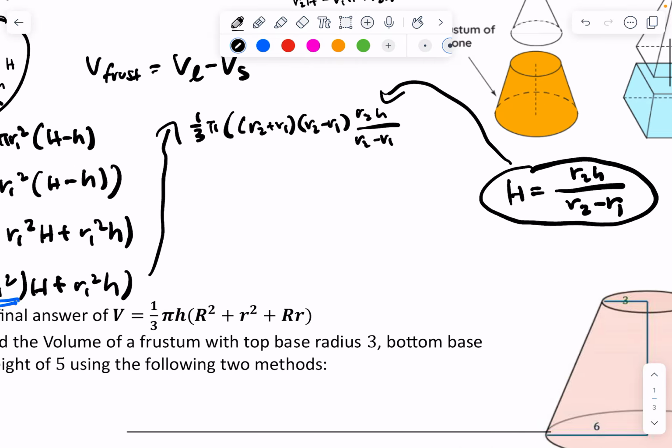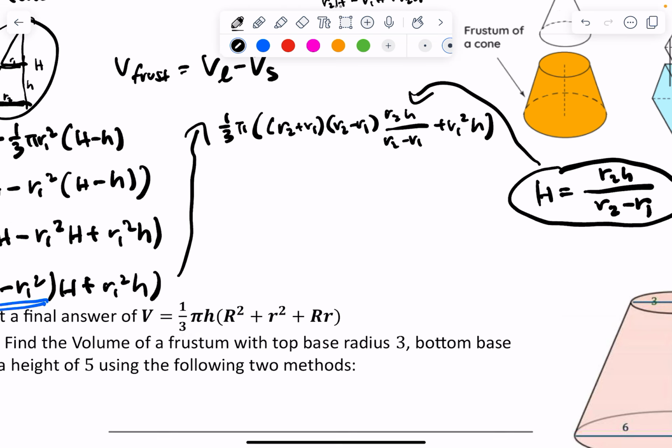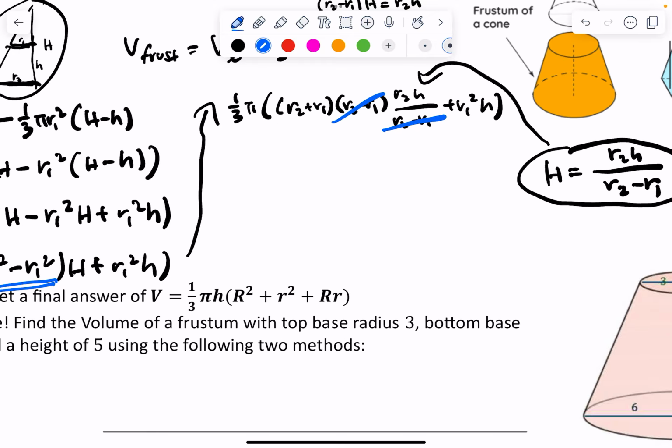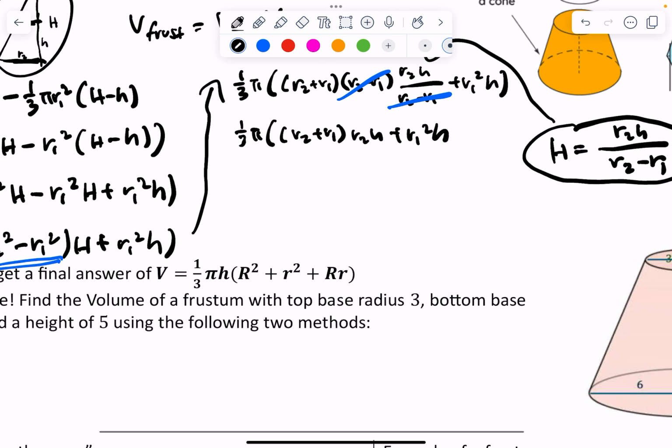And then we still have to add R1 squared h. And then what you can see is that the R2 minus R1s cancel. So we are only left with 1/3 pi (R2 plus R1) times R2h plus R1 squared h.